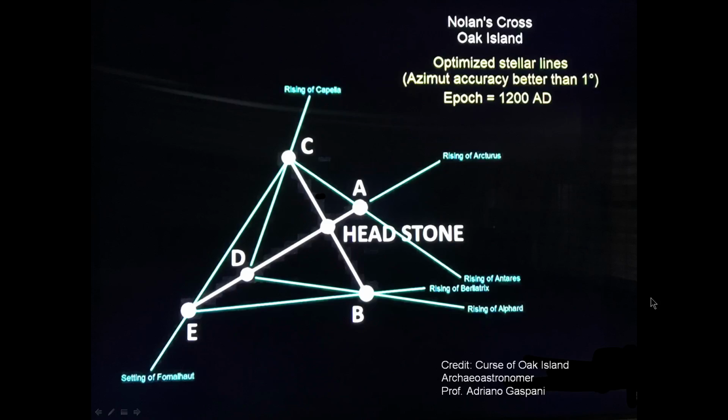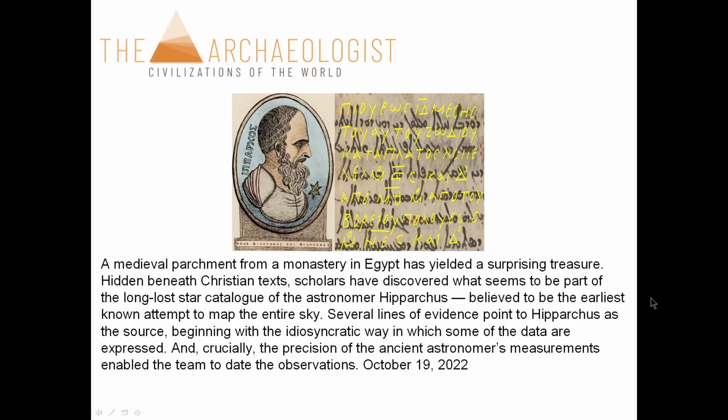I found that it may have started around the 1960s, which centered around Stonehenge. One of the more recent finds through archaeoastronomy was last year on October 19th, where they found a medieval parchment in a monastery in Egypt.